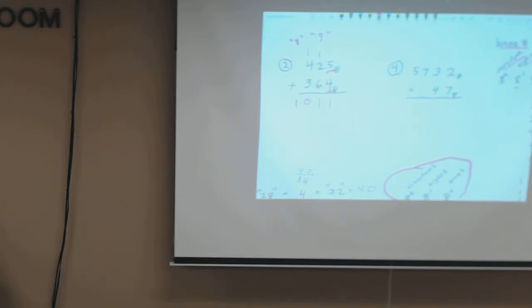What's 7 plus 2? In your head, what's 7 plus 2? 9. How do you say 9 in base 8, in octal? 1 1. So I put down a 1 and carry a 1. What's 4 and 3 and 1? 4 plus 3, 7 plus 1 is 8.